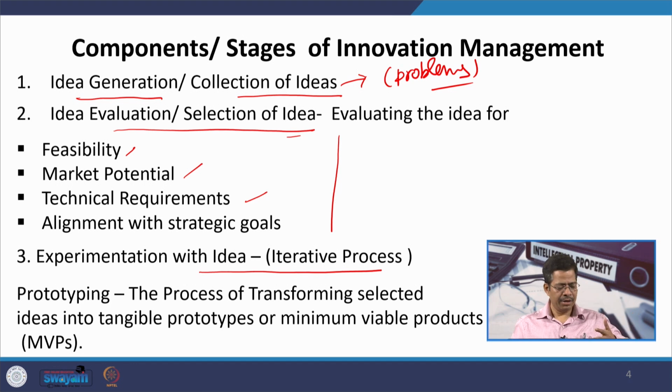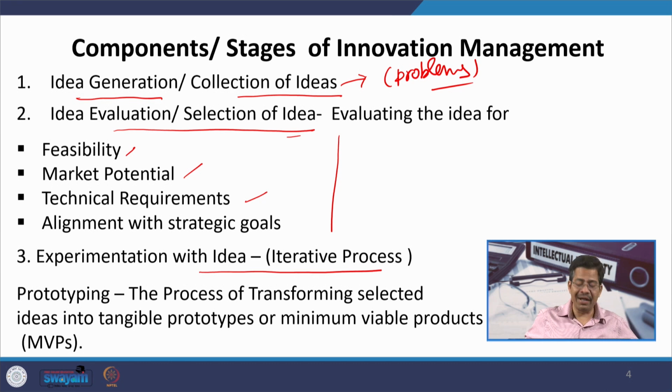All these things are an important part of your experimentation with the idea. So, that is also a very important thing. You have a very good idea and you feel that you can produce this idea and people are going to love it. It is not so easy. You need to do a lot of experimentation. Then only will you have the confidence that yes, this idea is going to work.